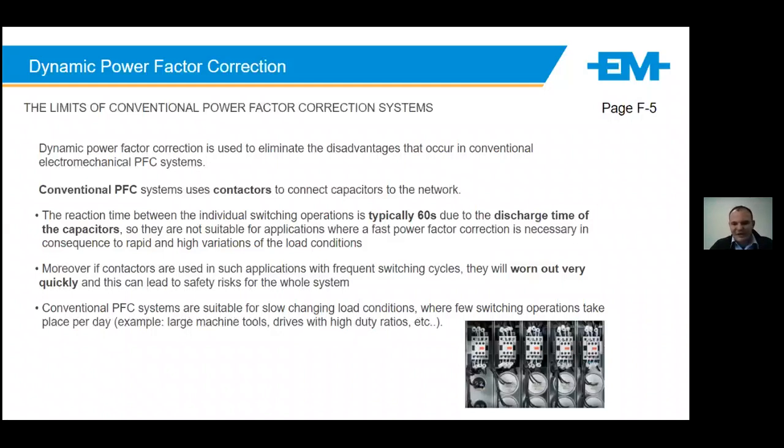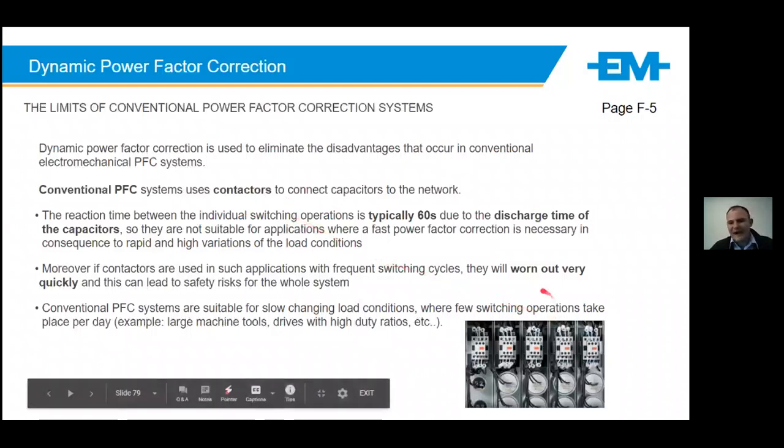Now, in a contactor-based system, due to the discharge times required, say 60 seconds, there would be no availability in a power factor system to compensate. So eventually, a normal contactor-based system would add no value to correct your power factor. This is obviously dependent on how fast that load is switching. To see this, you would need to do your analysis on your load, and then define how much of that load is what we consider fast switching.